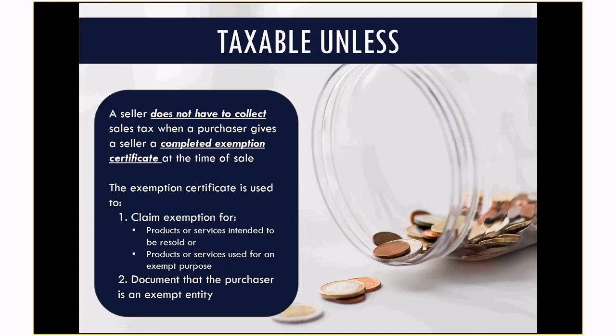They did not pay tax on them because they were intended to be resold. Products or services used for an exempt purpose, there's a few of those out there. And the exemption certificate is used to document that the purchaser is telling you they are exempt, they're signing off on this form. And if you're accepting these forms in good faith, that typically relieves you as the seller of any liability under audit.